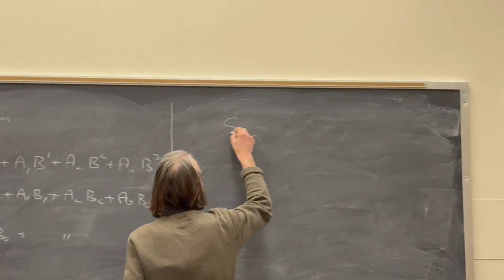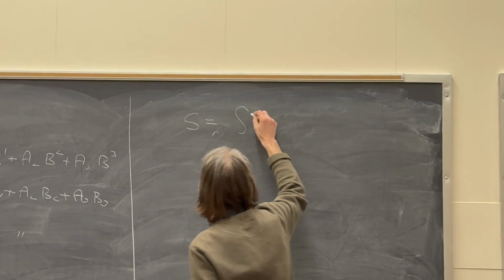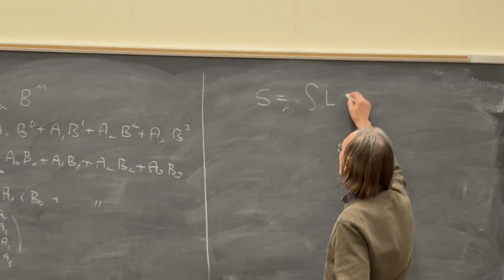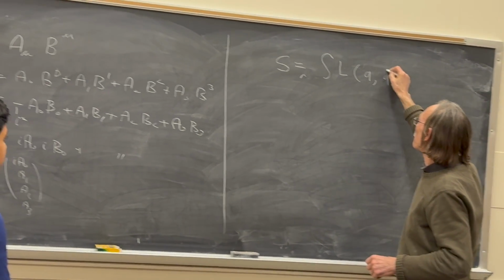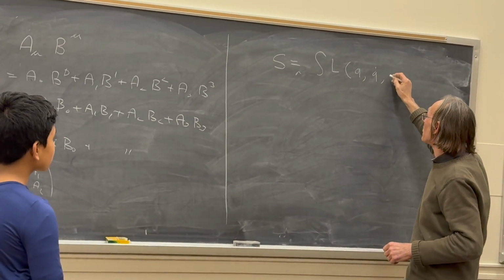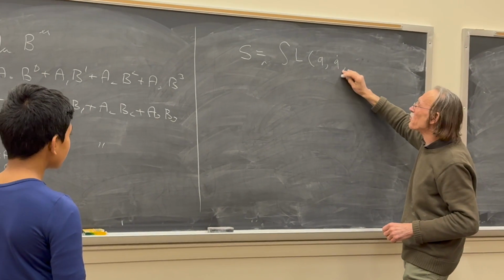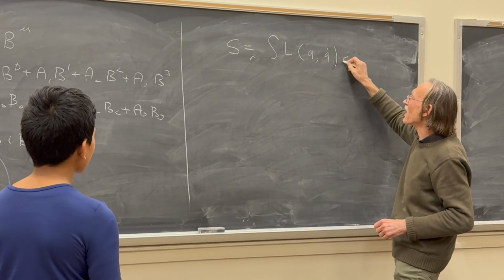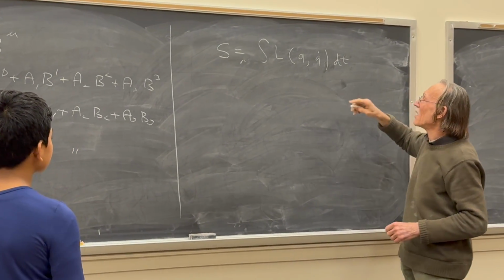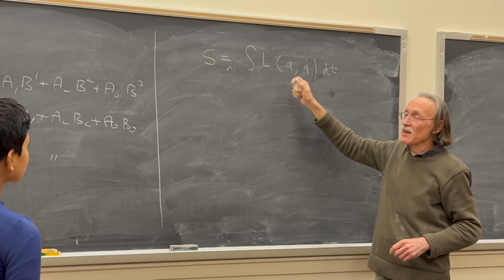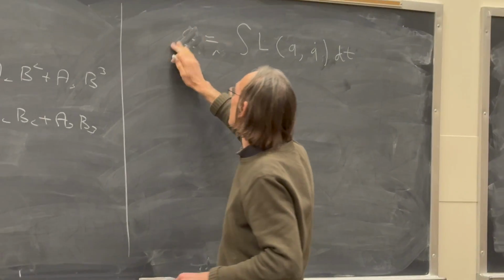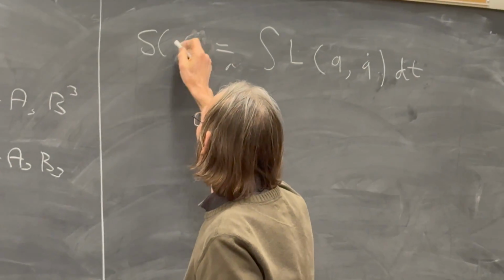So we start with an action. It's an integral over a Lagrangian, which is a function of q, q dot, and in principle also the time, but we take it time independent. And what this really is, is a functional.